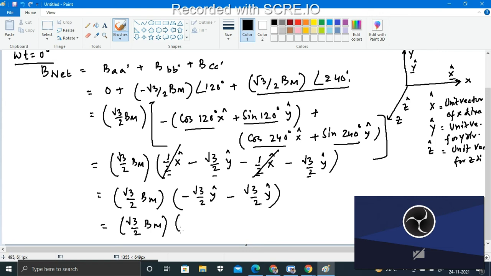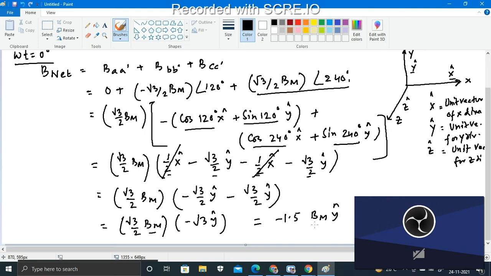Twice, that means minus of root 3 y bar. Again we have to write root 3 by 2, the value of root 3 by 2. If we calculate minus root 3 into root 3 by 2, it will come -1.5 Bm y bar.